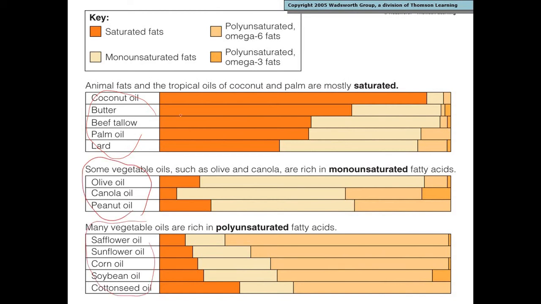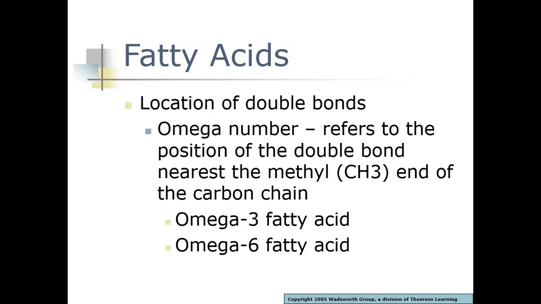This shows their levels of saturated fat, polyunsaturated fat, and monounsaturated fat. Fatty acids can be named depending on the location of their double bonds. That is why we have omega-3 or omega-6 fatty acids. It's due to the presence and location of the double bond.